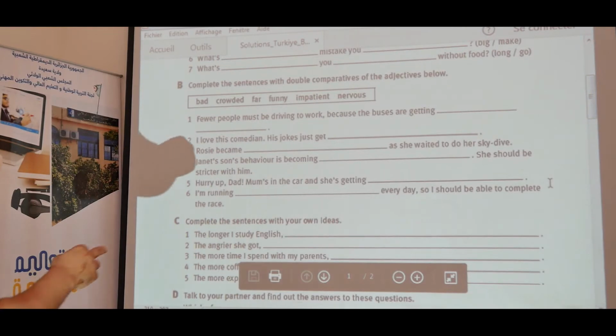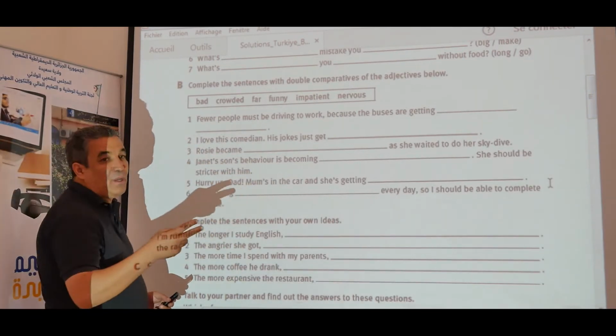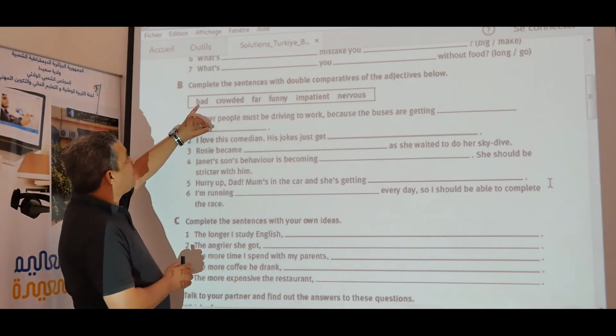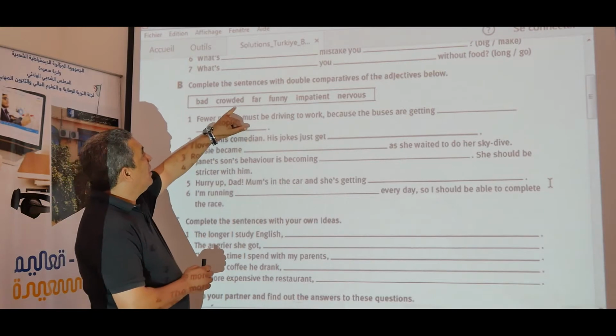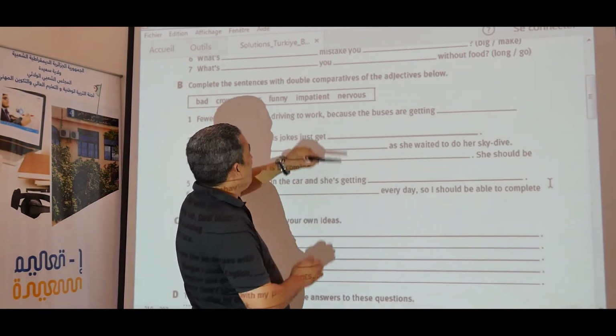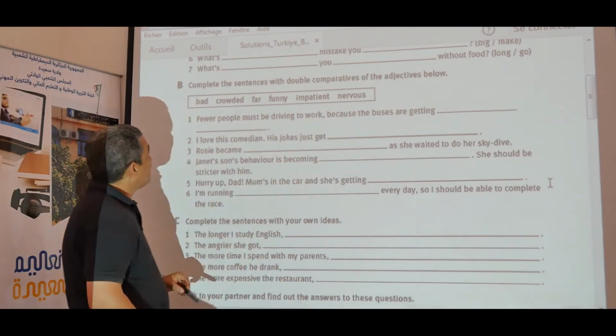Now, we are going to practice the double comparative. Now look, we've got the adjectives bad, crowded, far, funny, impatient, and nervous.